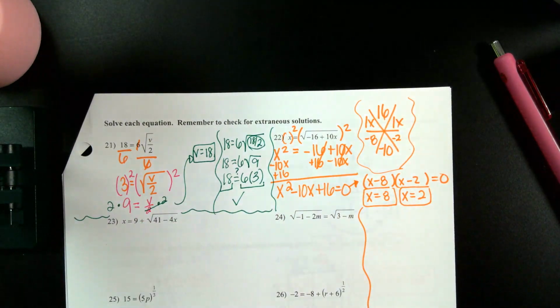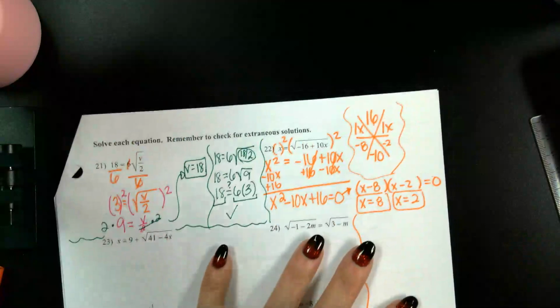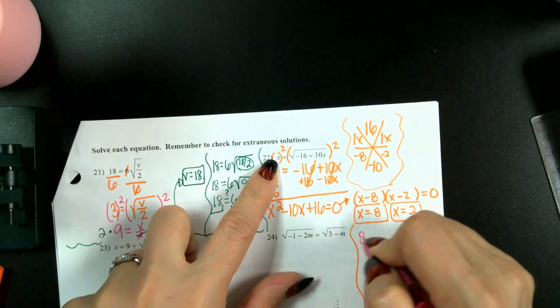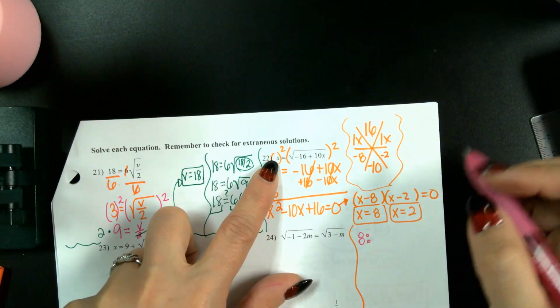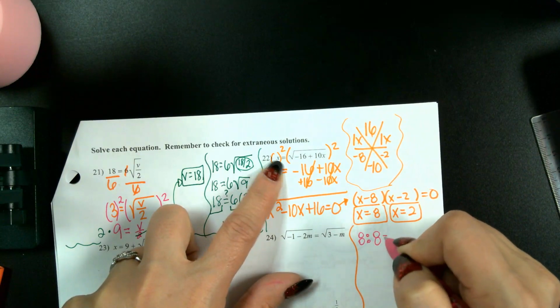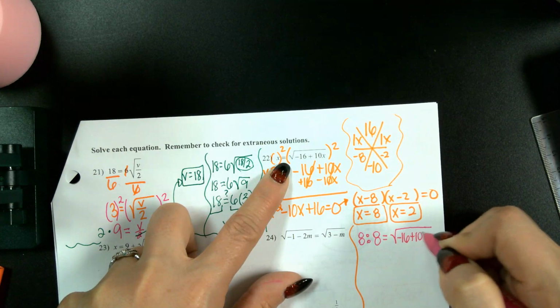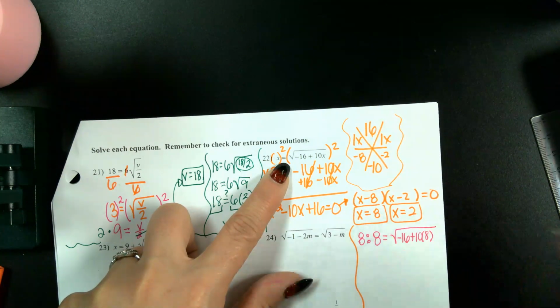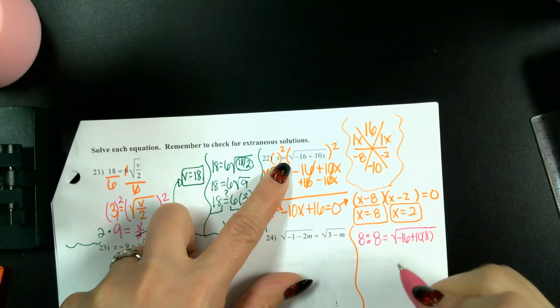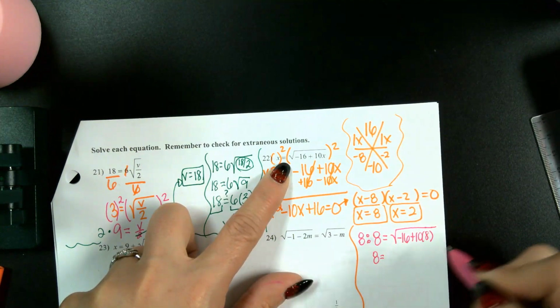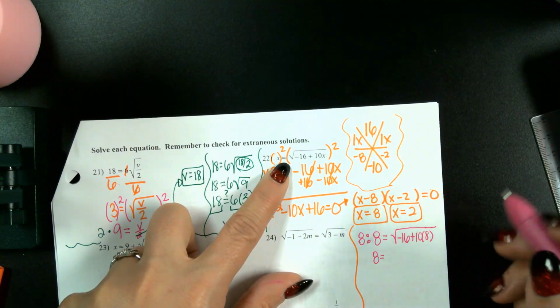Okay, now watch. In order to do the check for each of these, if I'm checking the number 8, the 8 would go first, equals, and then under the radical, it's -16 plus 10 times 8. What's 10 times 8? 80.